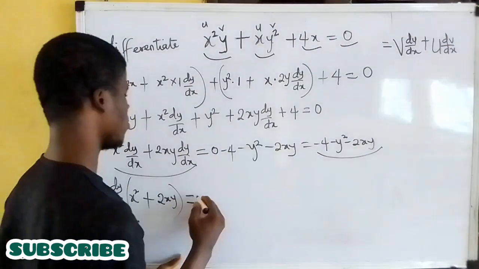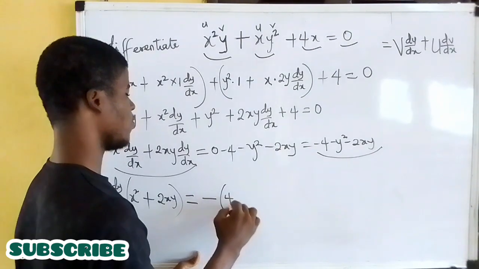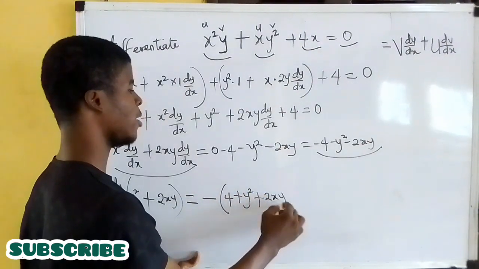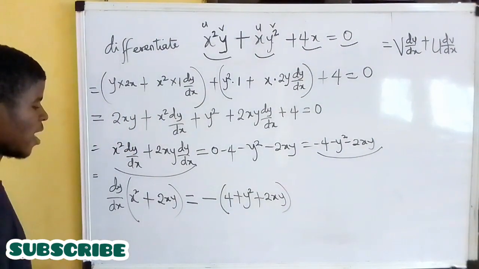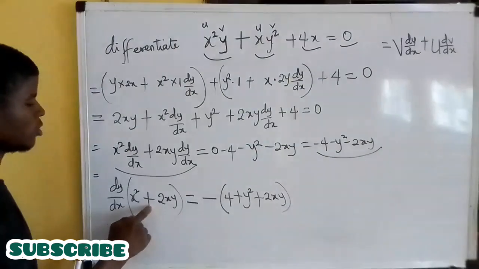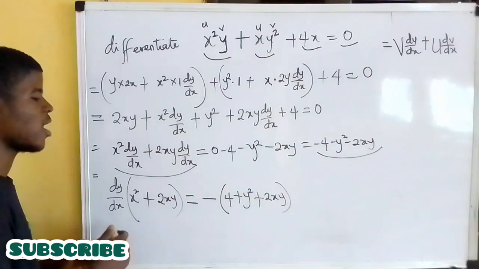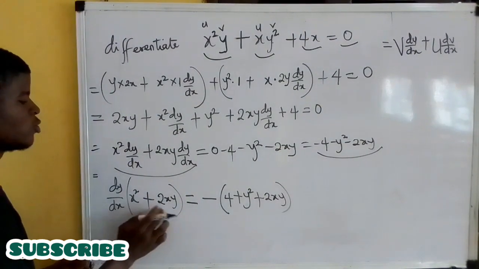This is equal to, I will write down minus, open the bracket, 4 plus y squared plus 2xy. So lastly, what I will do now is to divide both sides by x squared plus 2xy, which is attached to dy dx. So doing that, I'll get my dy over dx. So let's divide both sides by x squared plus 2xy.